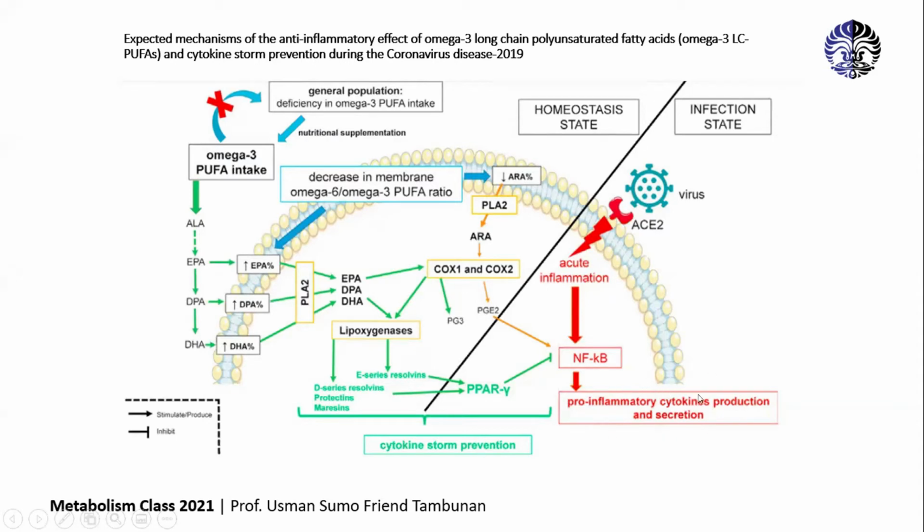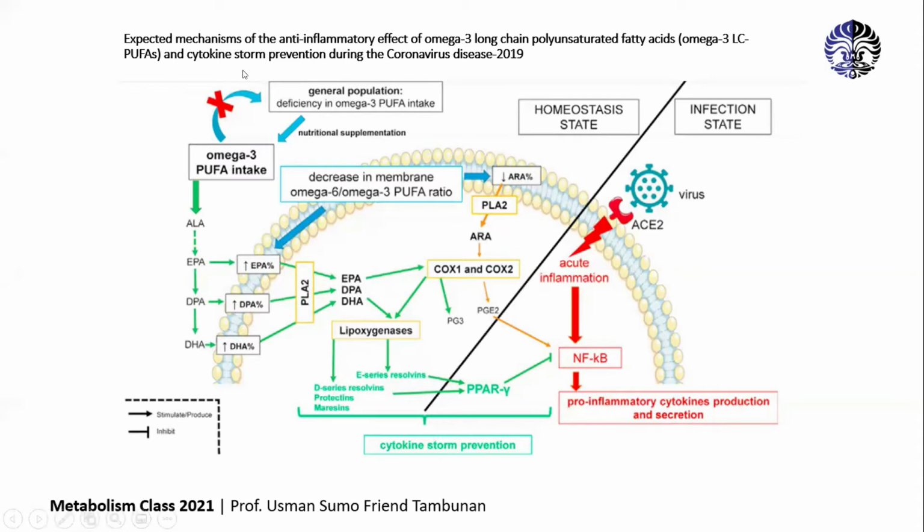Cytokine is a protein that can fight the virus. But the cytokine also can injure the body. It can attack the body if there is an excess, or if we inhibit the excess, cytokine will fight the good cells in the body.